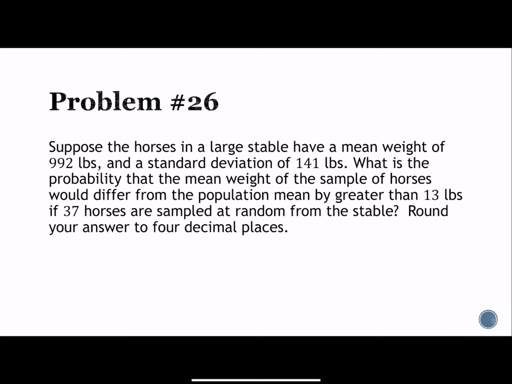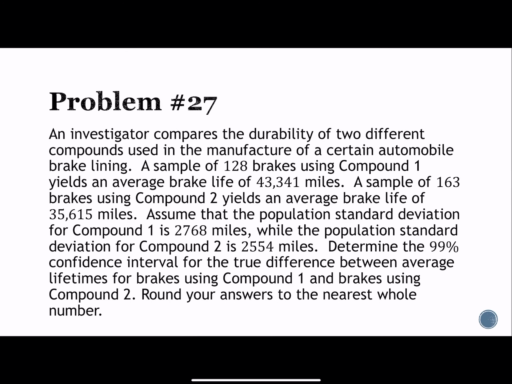So remember, if it said differs from the population mean by less than, that would mean area in between. And I think we had language similar to that, but I think it dealt with proportions in an earlier problem. So don't forget about that phrase, the area in between and area in the tails. But this one coming to us from Chapter 7. We had plenty of practice with the differences between Chapter 6 and Chapter 7.